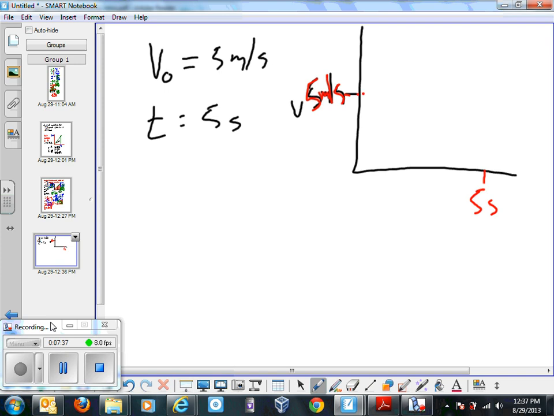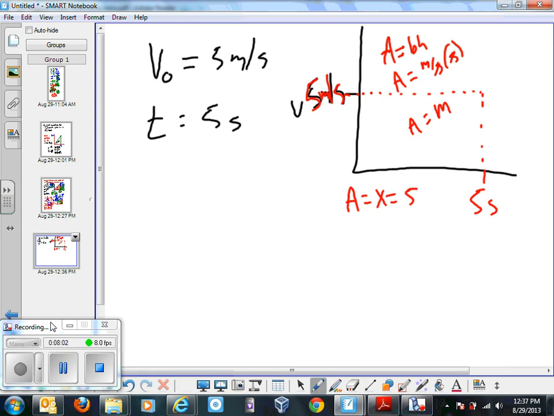If we look at the base times the height of this area, the area is going to be meters per second times seconds, or the area is going to be equal to meters, which is a displacement. In this case, the displacement is equal to 5 times 5. For the area under the curve, the displacement is 25 meters.